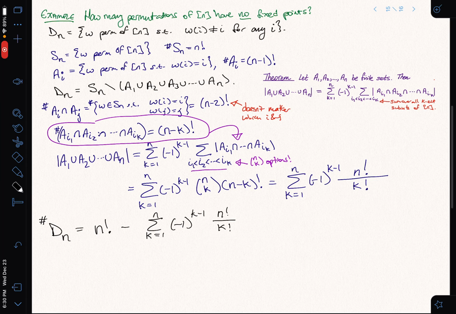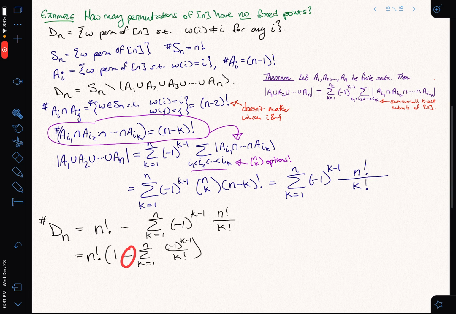That's just n factorial. So we can factor an n factorial out. Over here, the summation doesn't depend on n factorial, so it just pulls out, and so we can factor it. So what do we get? We get n factorial times (1 minus the sum from k equals 1 to n of (-1)^(k-1) over k factorial).